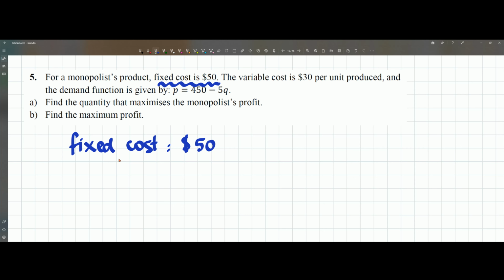Now understand, if I produce one item, just one item, I need $30 to produce that. I will deliver $30. If I need 2 units, 2 times $30.